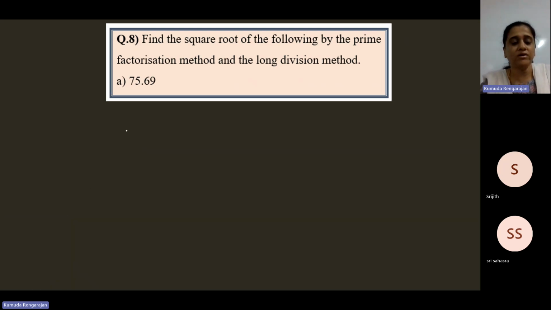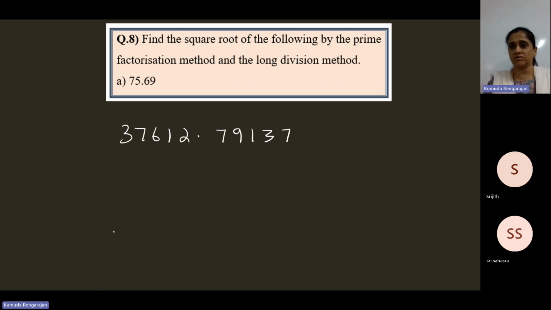Now, supposing we have 3761.2.79137, like this. So now we have two parts in this number. What we're going to see now is how to pair the digits to find the square root of the number by the long division method.